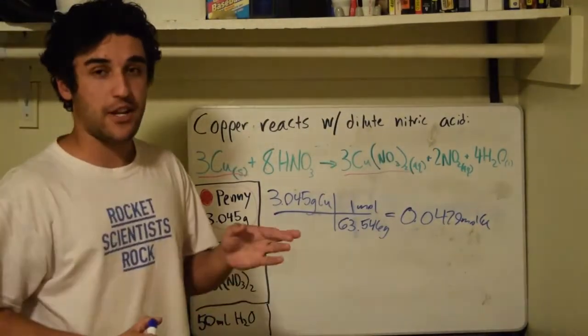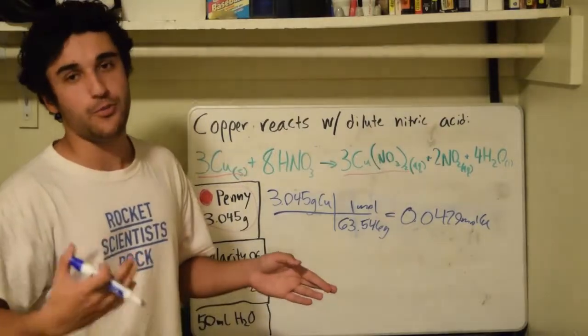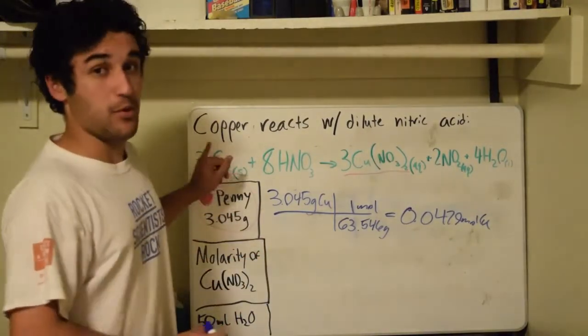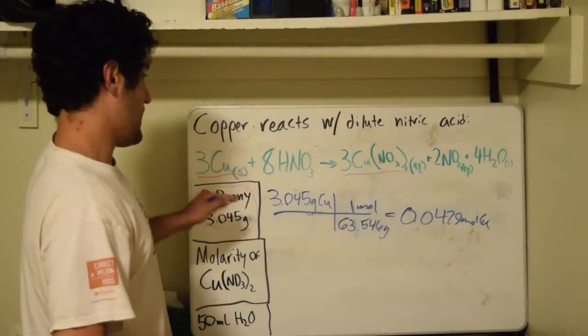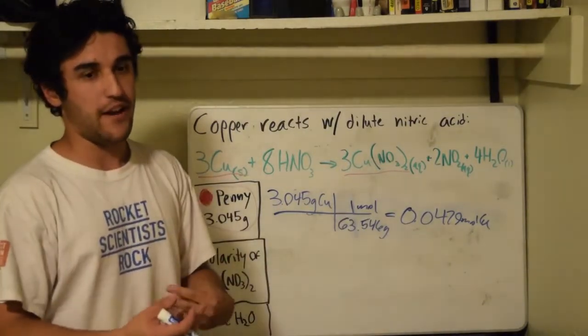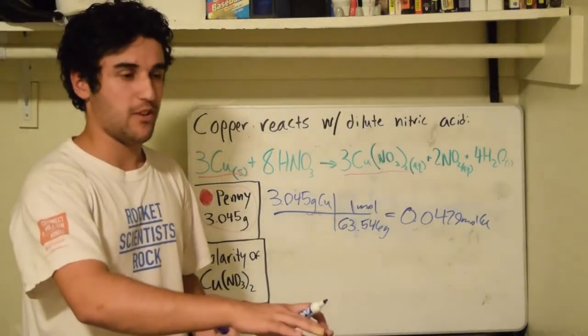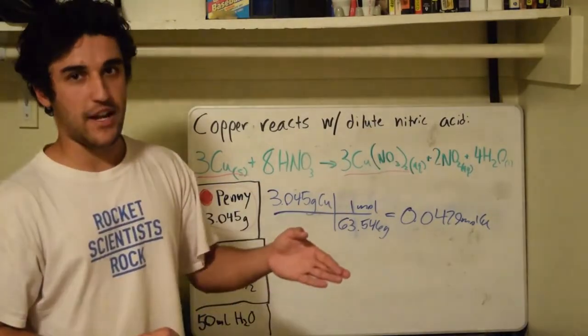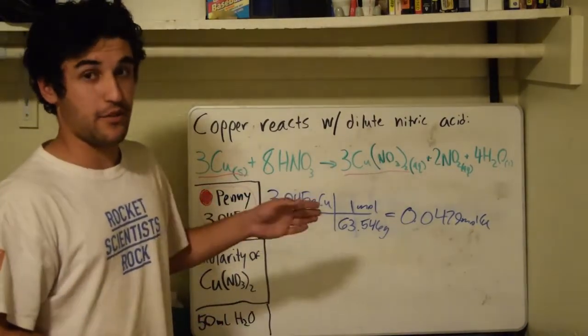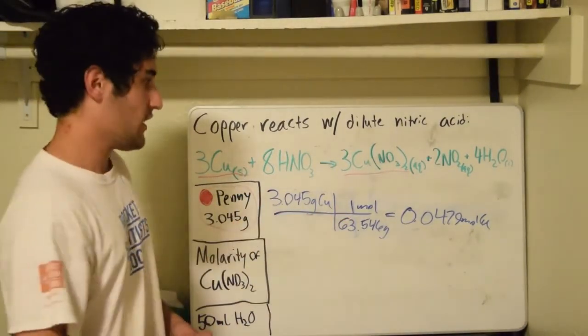Because we are comparing moles of copper now to moles of copper nitrate, which is the end goal, you're going to take the mole ratio. So you're going to take the moles of copper that you have and plug it into the mole ratio to get your moles of copper nitrate. Luckily, the mole ratio is 3 to 3, which simplifies down to 1 to 1.